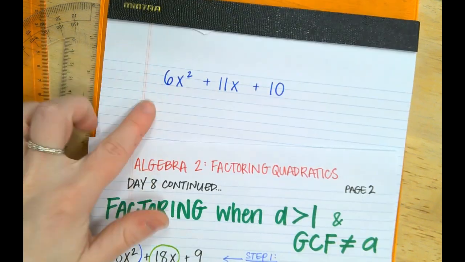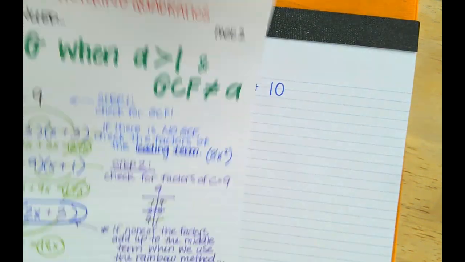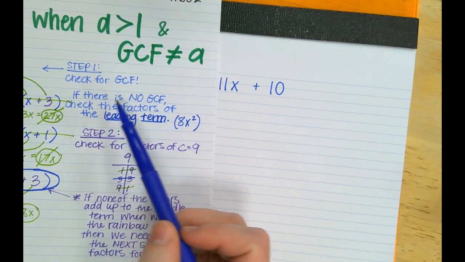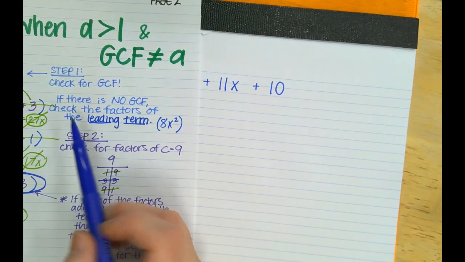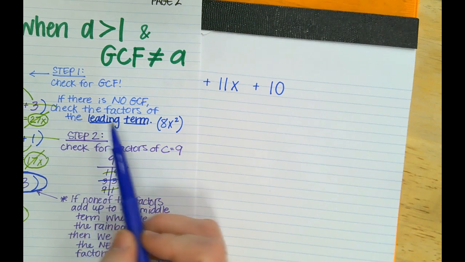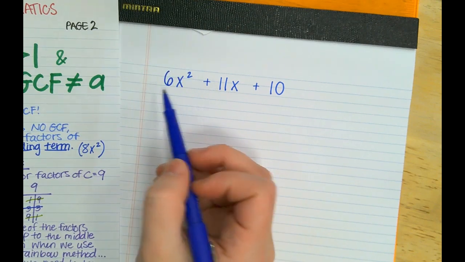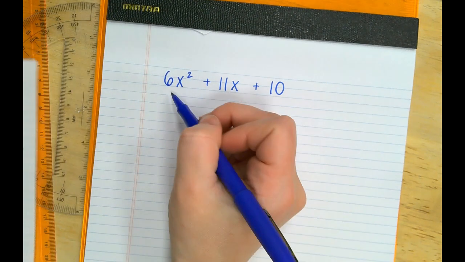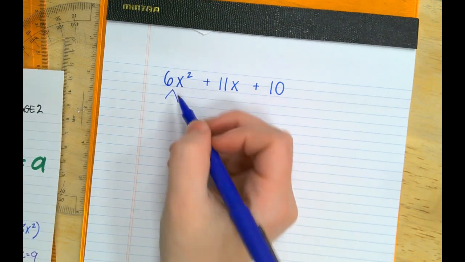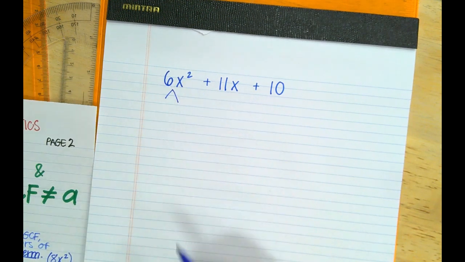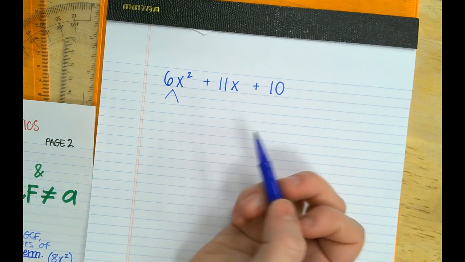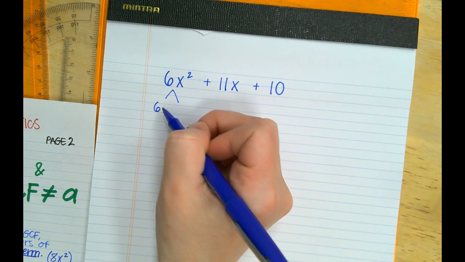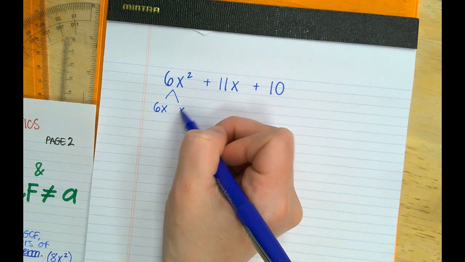Now, the other thing we need to do, guys, like I just said in this little guide here, is if there is no greatest common factor, check and see if we can factor the leading term, which is 6x squared. So my options would be what? What could I multiply together to get 6x squared? Yep, 6x and x.